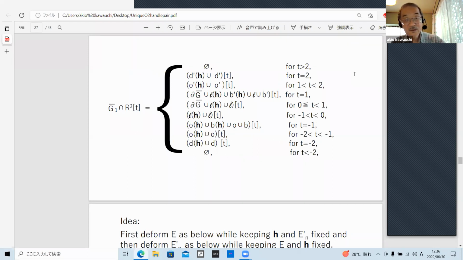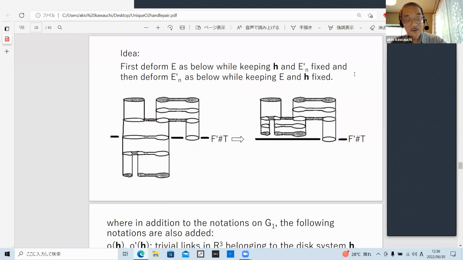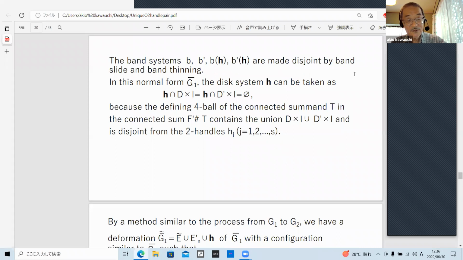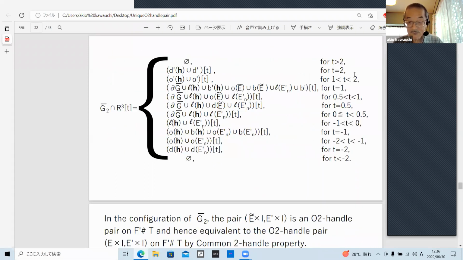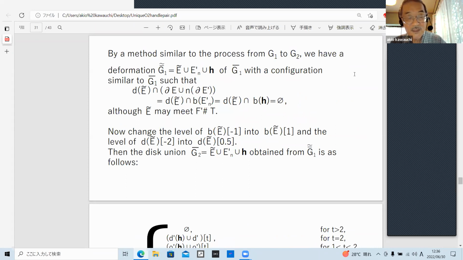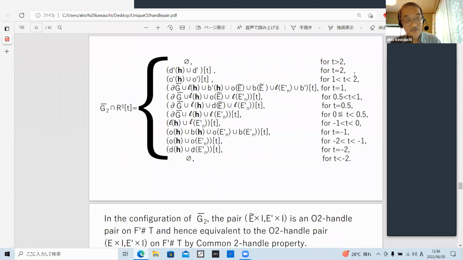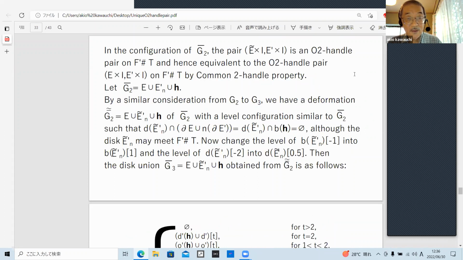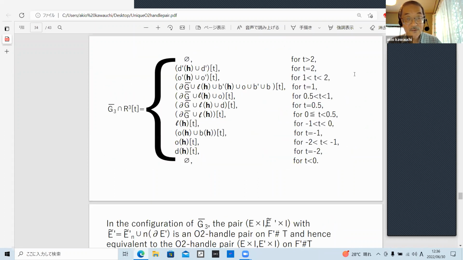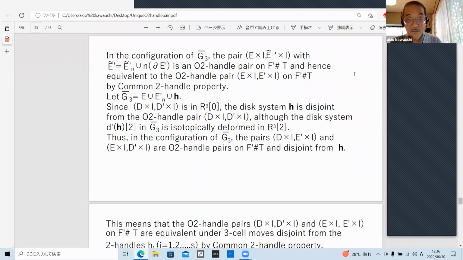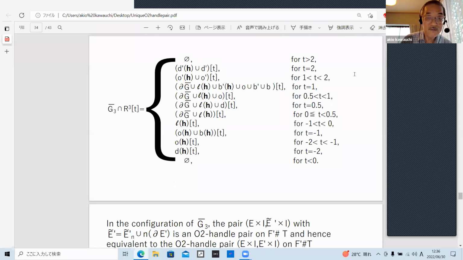Applying here, the same method. First E1 is just leveled up, and we will get this normal form. Second, also taking a normal form. Only H is unchanged.